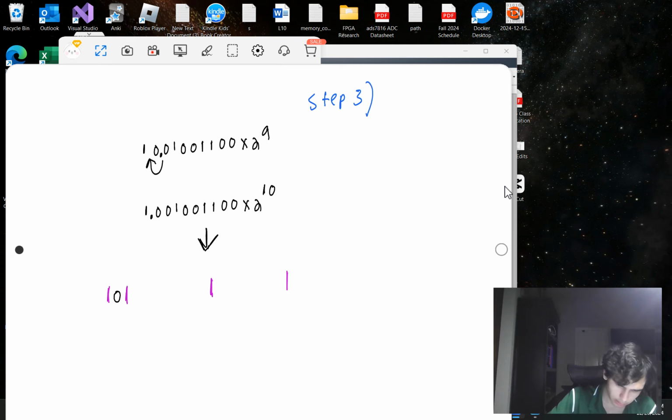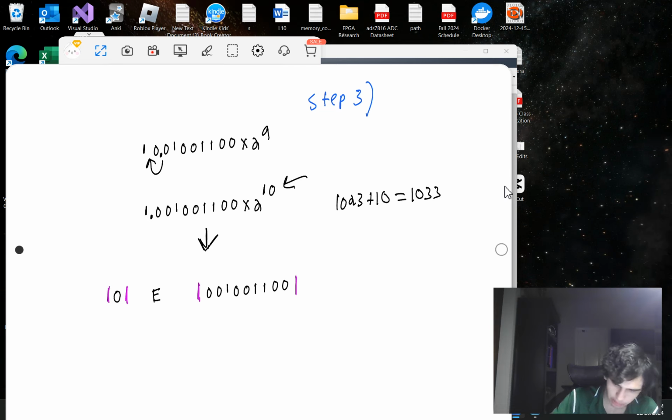And then, so this is like our m. And then the value in here is always going to be 1023 greater than this. So 1023 plus 10 equals 1033.